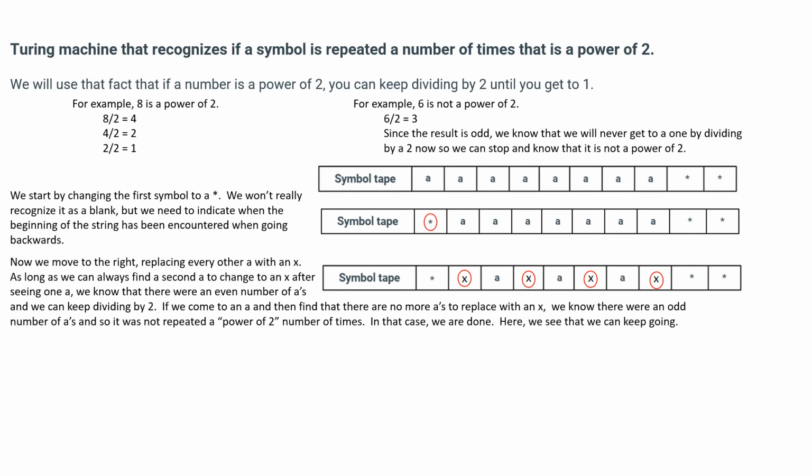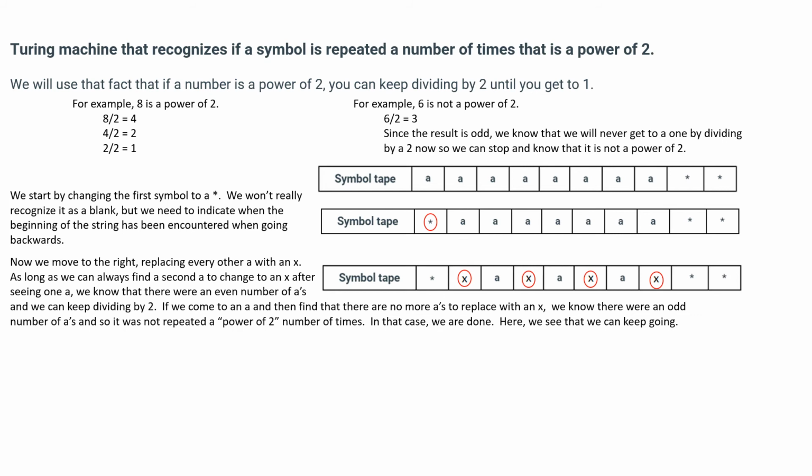Remember that first symbol, we're going to remember it really is an A even though we put a blank there. So there's an A, but the second A, I mark it and turn it into an X instead. Here comes another A, that's fine, but then the next one, I'm going to change into an X. I'm getting rid of every other A.